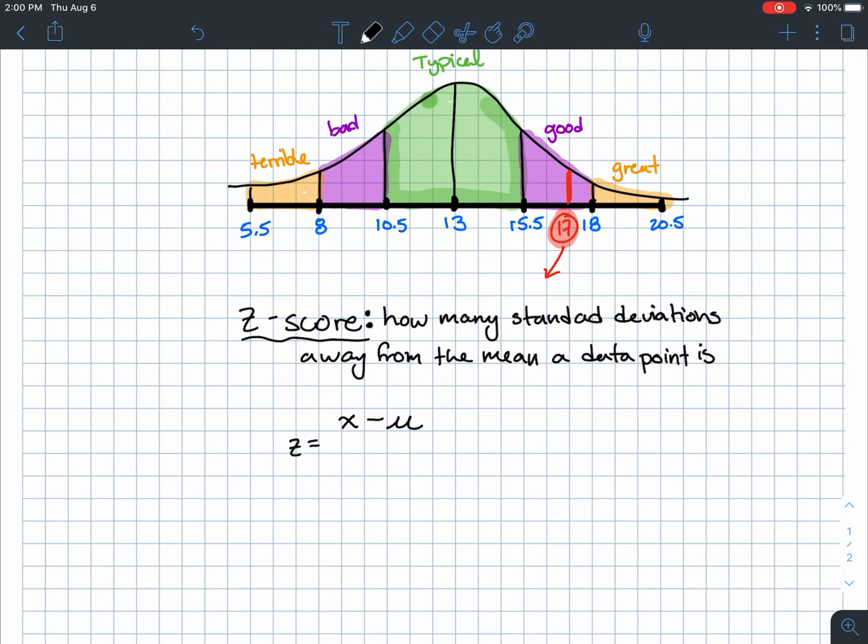We're going to subtract the mean from that, because we want to see how far away from the actual mean we are. And then we're going to divide that whole thing by the standard deviation. Because if I have a difference from the mean and divide by the standard deviation, it's going to tell me how many times our standard deviation goes into that difference.